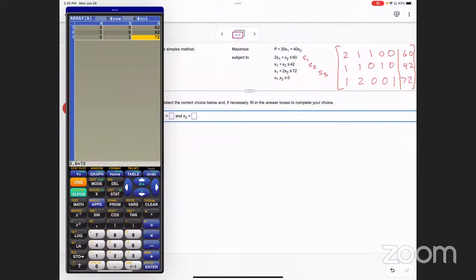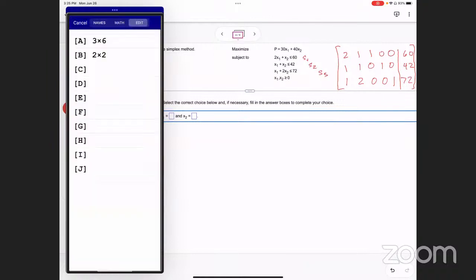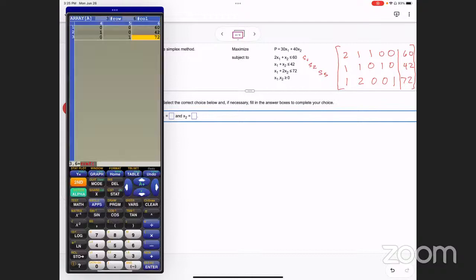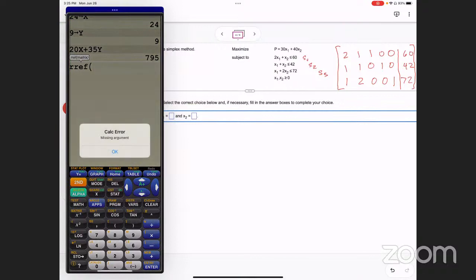Okay, and then if we go to, I believe, augment. How do you get to augment? Math, or was it no, rref matrix, I believe. How do you go there? Let me see. I can't remember. Rref, yeah. You clear, go back to the main screen, so quit out of everything.